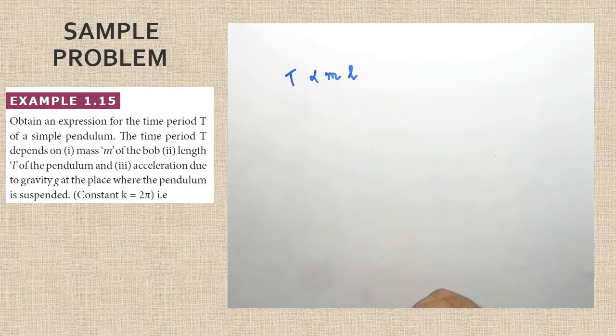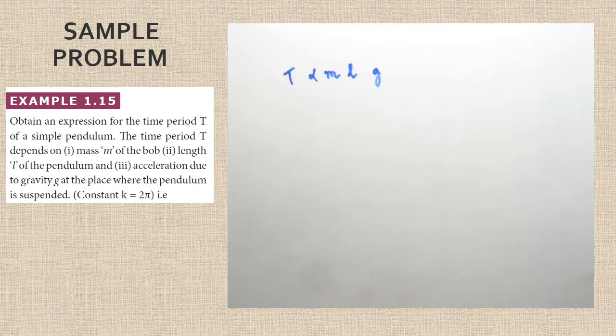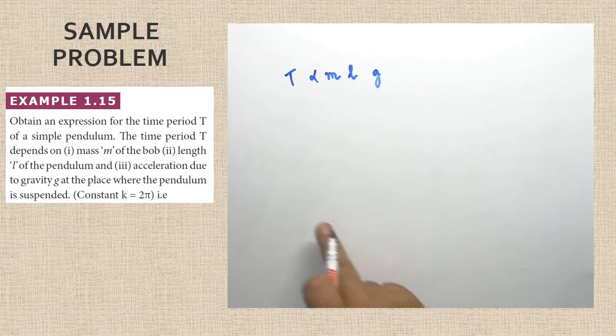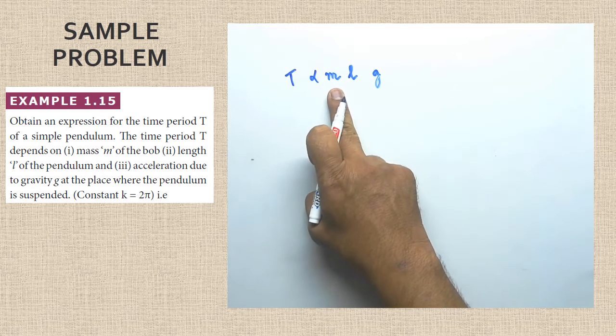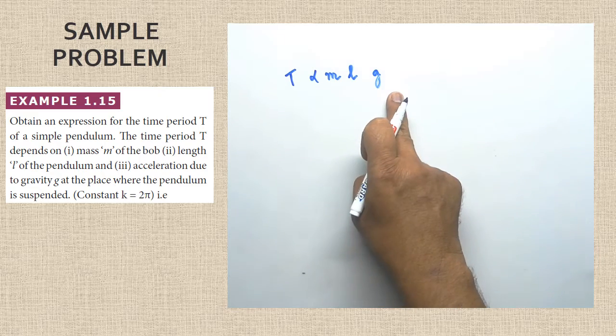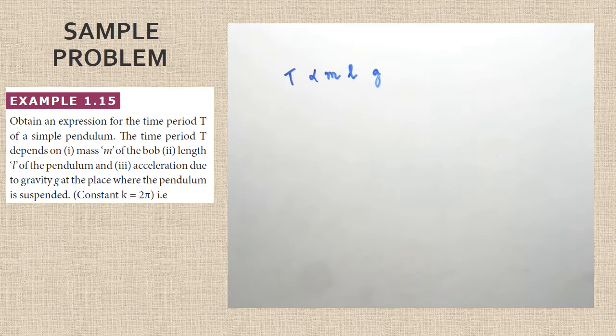The third one is acceleration due to gravity. So as per the problem, these things are given. Here, the time period, mass, length and g are all simply given without any relationship. By solving the problem, we will come to know how they have to be related.